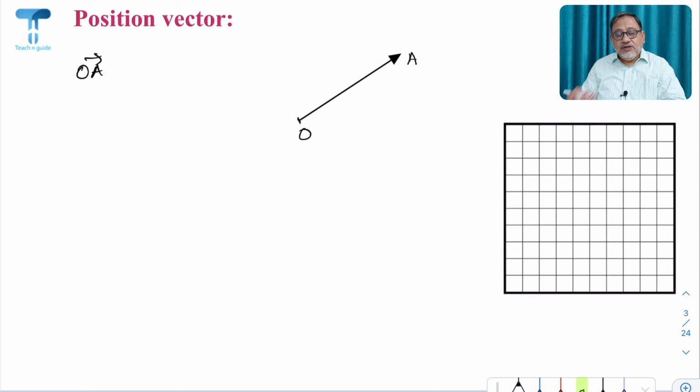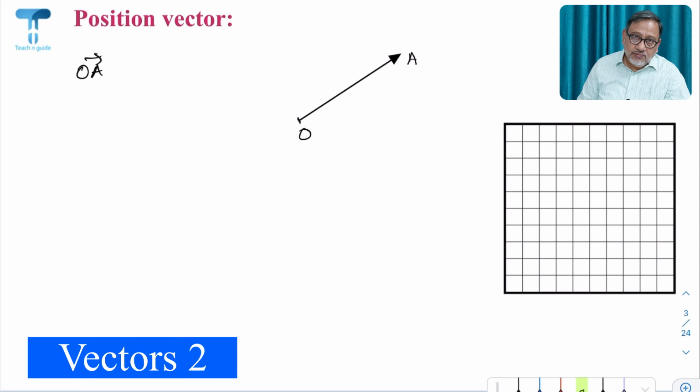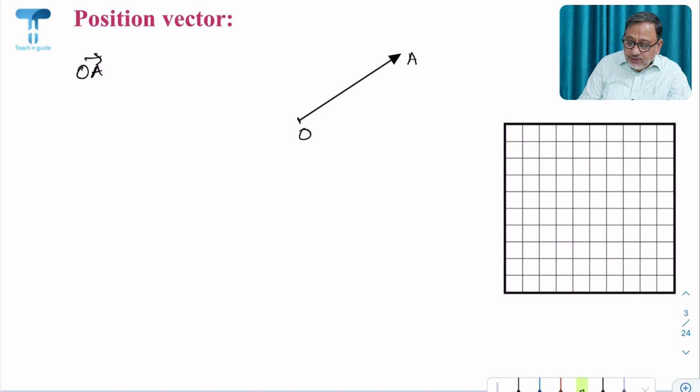Any vector, when it is represented in terms of OA, OB, OC, in terms of the initial point O, is called a position vector. Suppose I have a vector A, B, and my x-axis and y-axis are here.